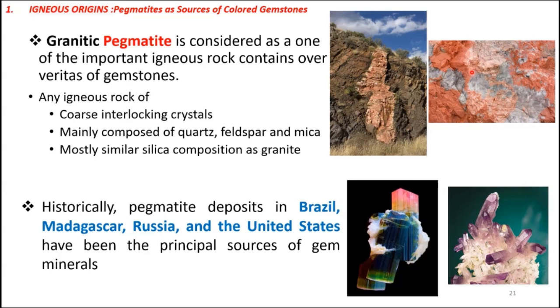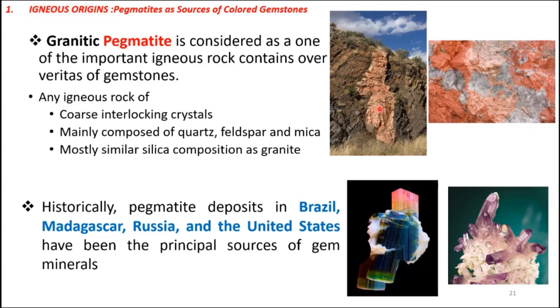We use them in different industries like the porcelain industry, tile industry, ceramic industry, likewise. Sometimes these pegmatites contain minerals that contain strategic metals. Strategic metals mean those metals used in high technology related industries.